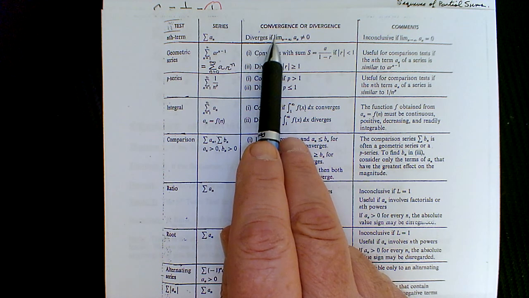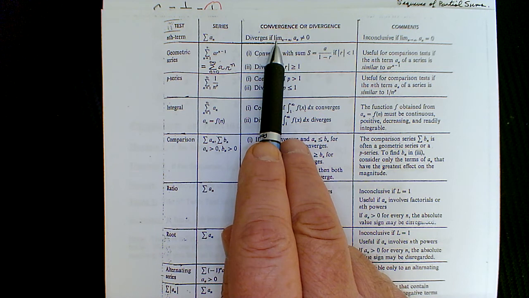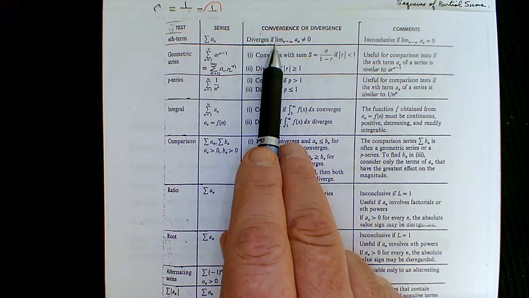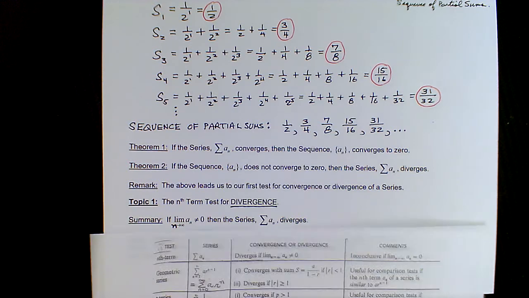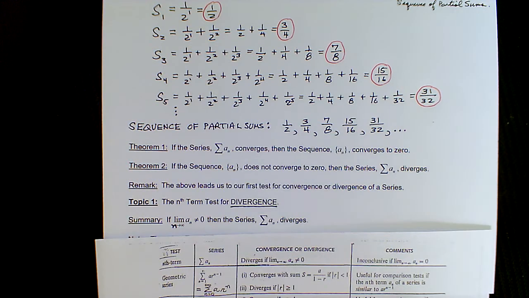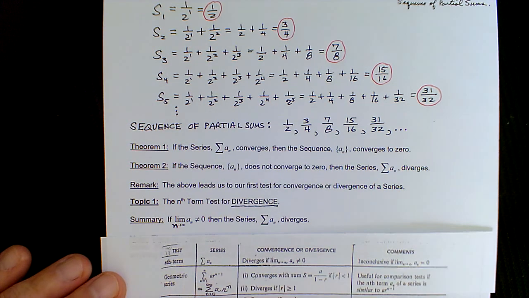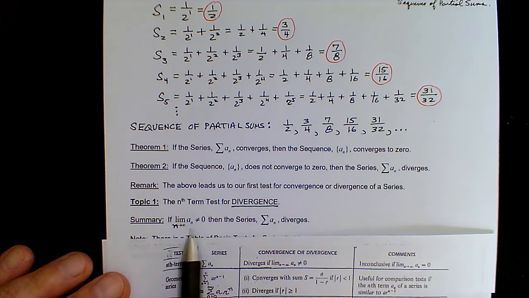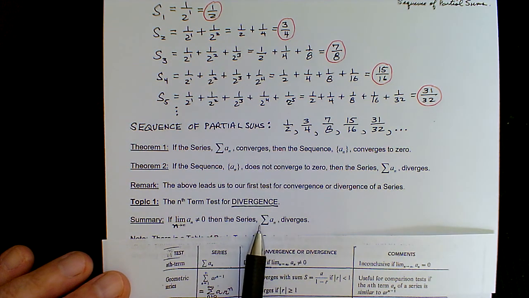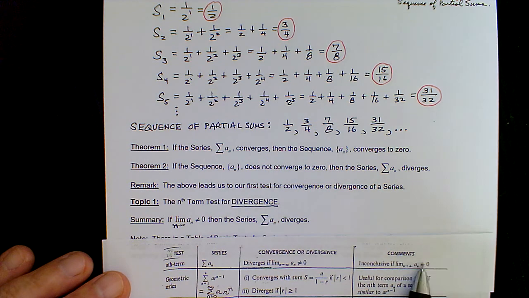And basically, for this nth term test, you can see it's the first row here. It says it's good for any series, and it diverges if the limit as n goes to infinity of a sub n is not 0. And that's exactly what we said here. The limit's not 0, it diverges. But then it says, under the comment section, it's inconclusive if the limit is 0. Okay? So we'll see some examples.